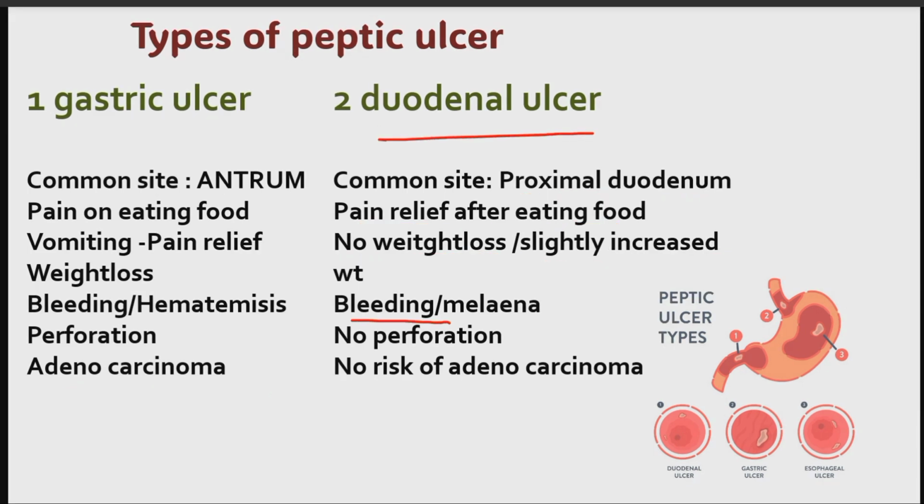Sometimes these duodenal ulcers bleed, and the blood mixes with feces, and some enzymes degrade the blood in the feces and make the stool darker. That is called melena. No perforations, and there is no risk of adenocarcinoma. So this is about types of ulcers.